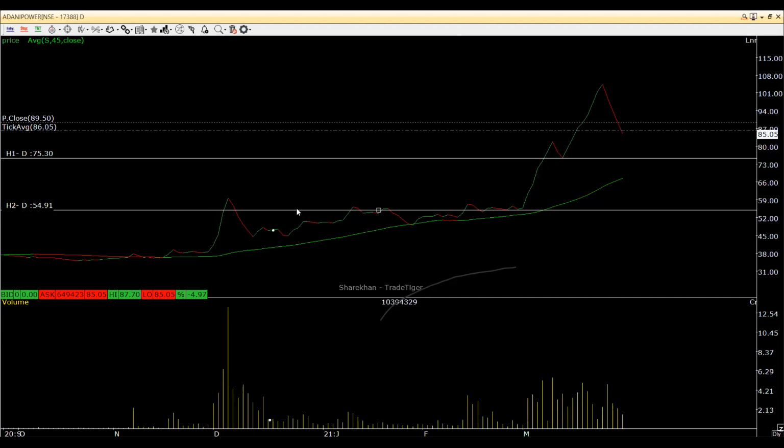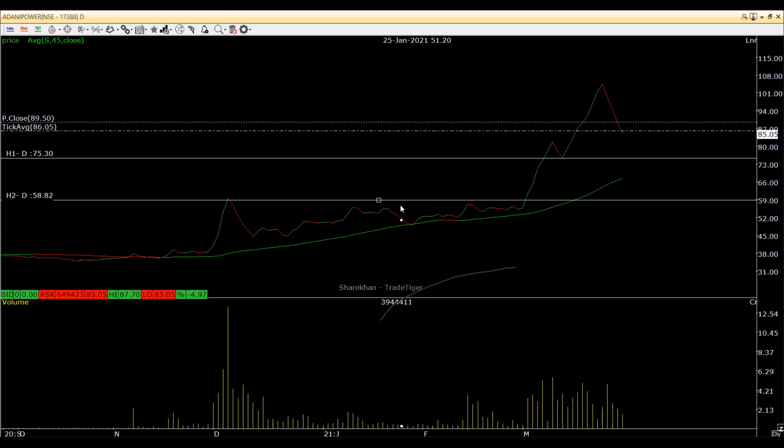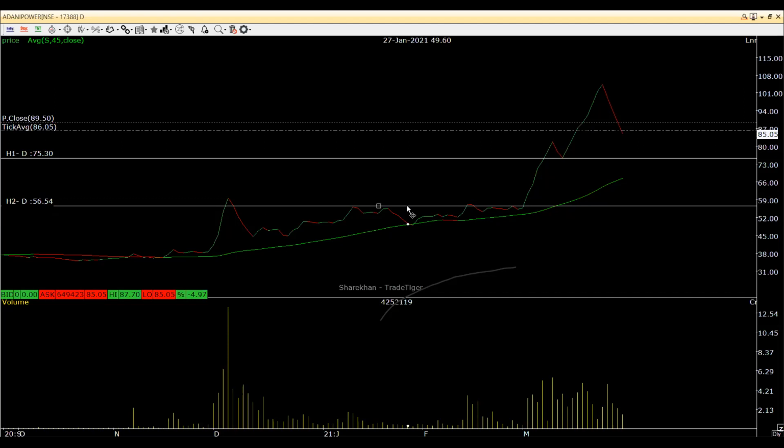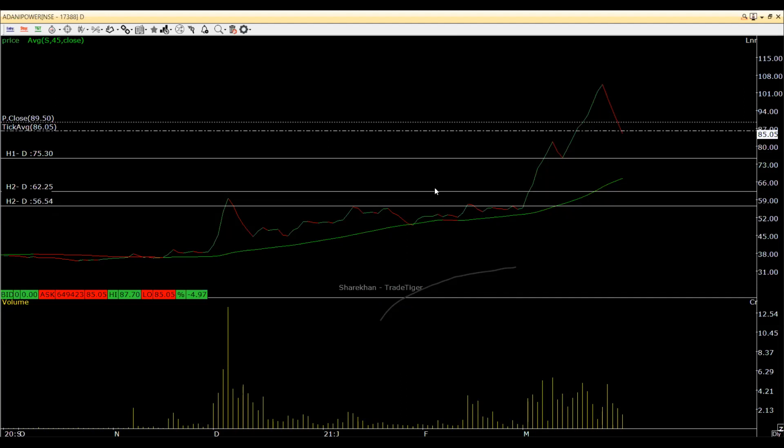This was Adani Power. This line would have probably been Adani Power's selling point at this point of time. When it broke, it required a huge amount of buying to break it, much above the average. So then you're selling, you don't know when.